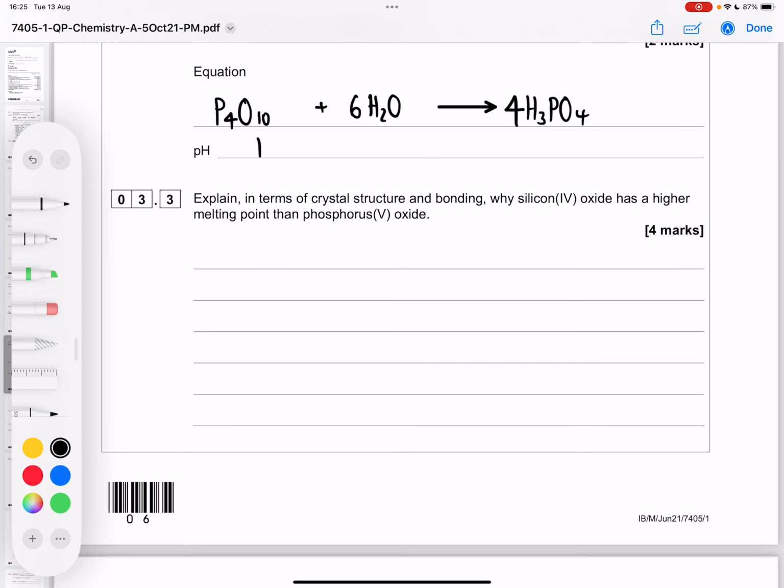Explain in terms of crystal structure and bonding why silicon 4 oxide, SiO2, has a higher melting point than P4O10. So structure, SiO2 is macromolecular. P4O10 is simple molecular.